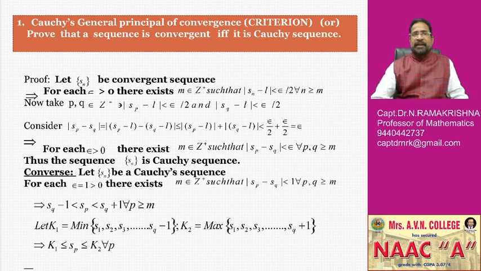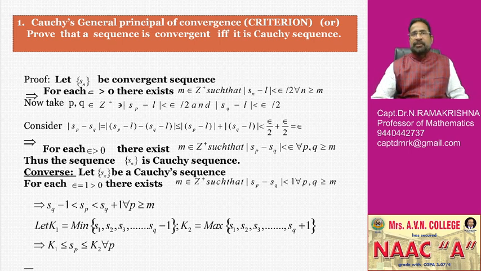Now you can add l and subtract l inside this modulus. Then we have modulus of (Sp minus l) minus (Sq minus l). Since modulus of x minus y is less than or equal to mod x plus mod y, based on this fundamental principle, we can write this as modulus of Sp minus l plus modulus of Sq minus l.